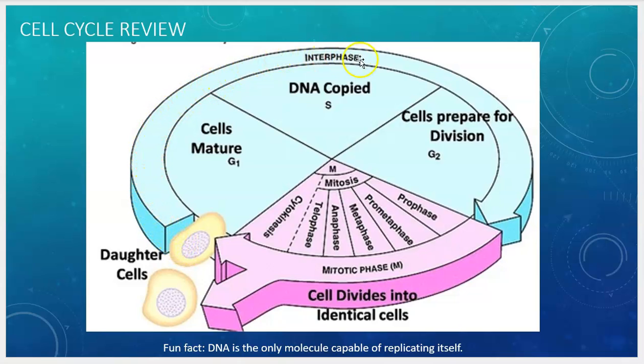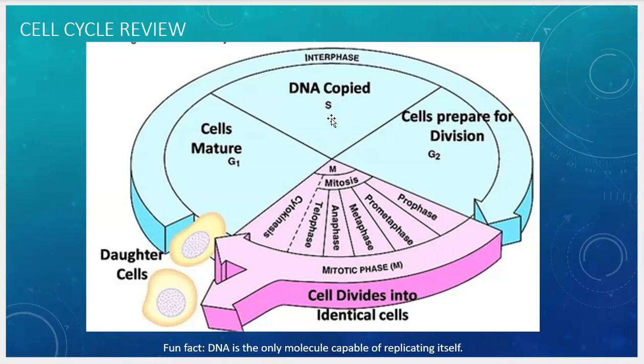And then during this S phase right here, notice it says S. During the S phase, the cell will make a copy of its DNA so that when it goes through mitosis, one copy goes to one daughter cell and one copy goes to the other. So today we are learning about how the DNA gets copied before the cell goes through mitosis.